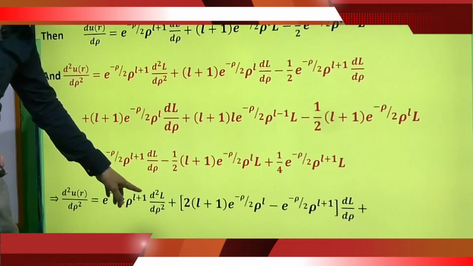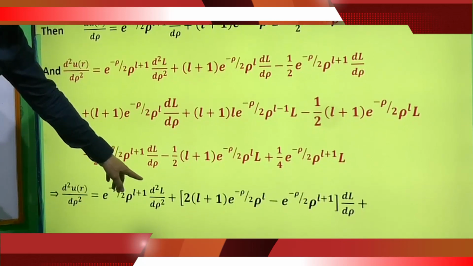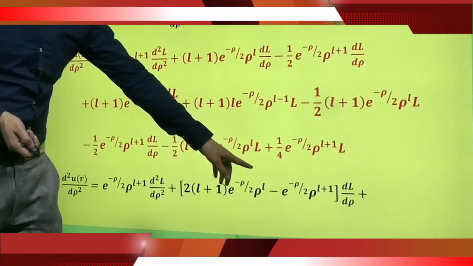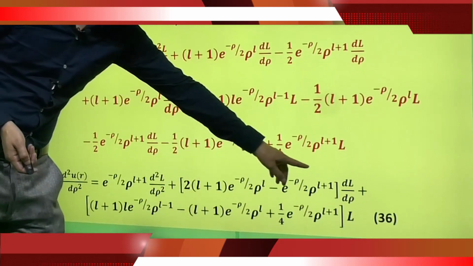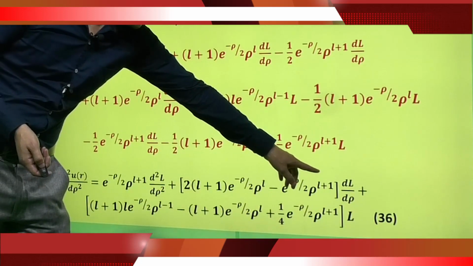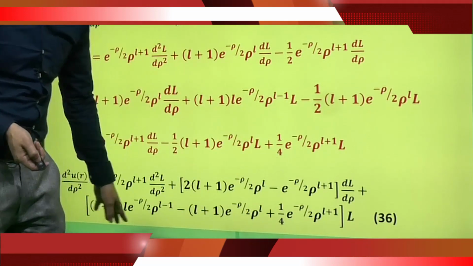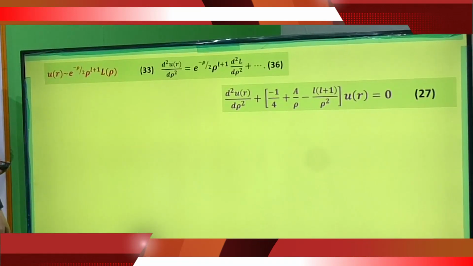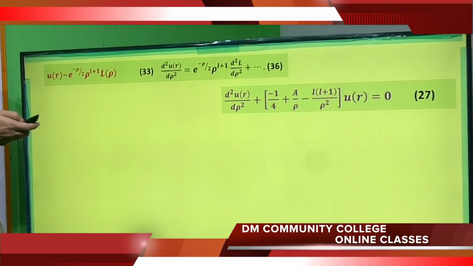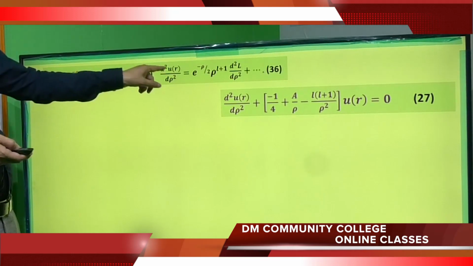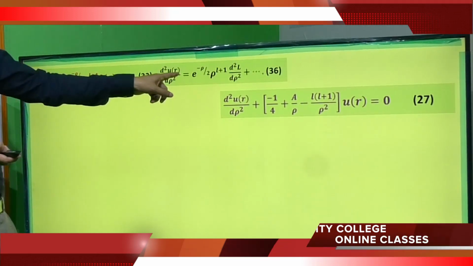One term contains the second order derivative with respect to rho, another the first order derivative with respect to rho, and the last one has no derivative, simply L. Now I am recalling those values again. This is the expression for u of rho, and this is the expression for the second order derivative.